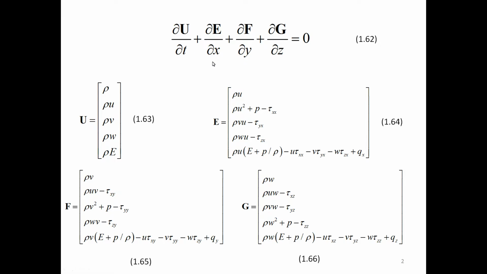Here U, E, F and G are vectors given by the following expressions: U, E, F and G. The unknown vector is U, and the equations are described by this vector.